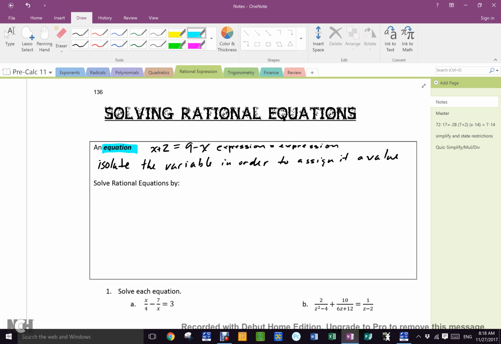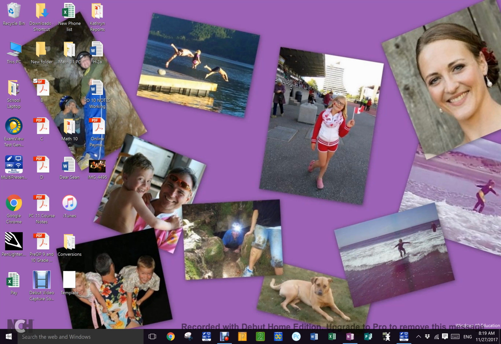Now, we did radical equations earlier in the year, yes? We are going to work now with rational equations. Now, before I go any further, a rational equation is obviously just a rational expression. And I'm writing it this way to show it's written as a fraction.